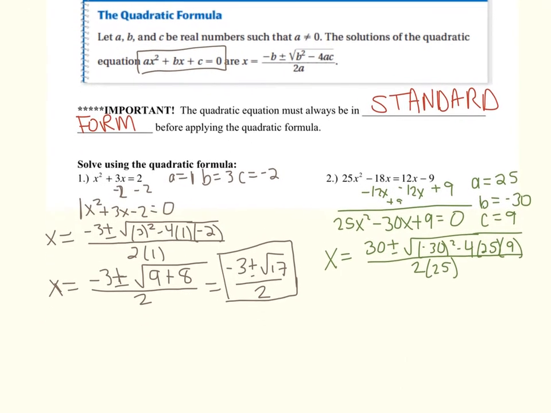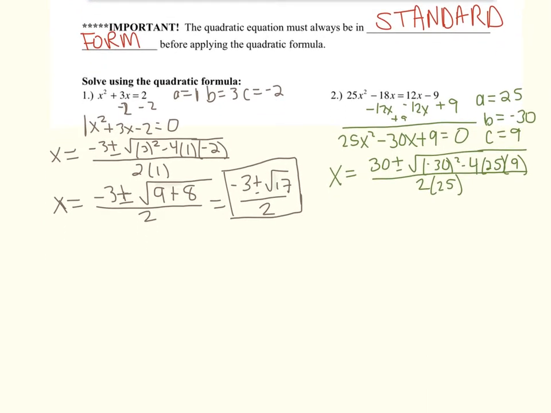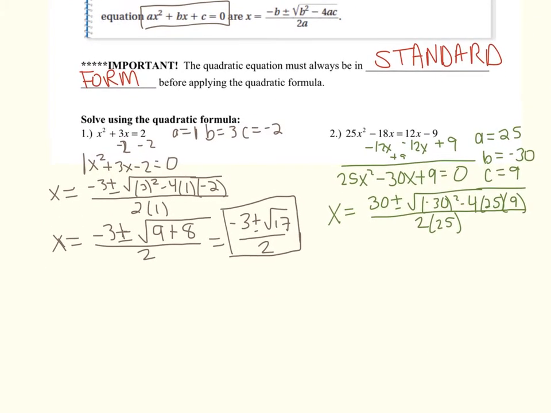Let's move everything up a little so we have some more space. Okay, so x equals 30 plus or minus the square root of 900, 30 times 30, minus 900, 4 times 25 is 100, times 9 is 900, all divided by 50.